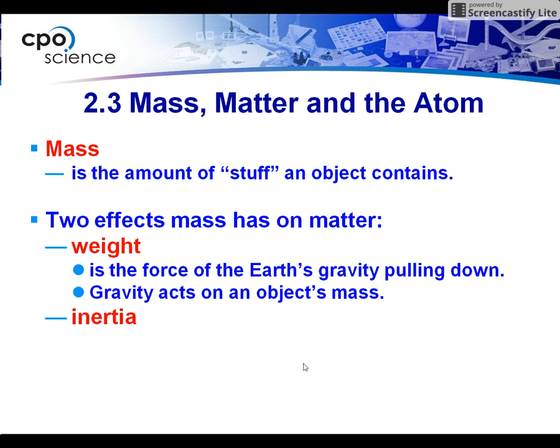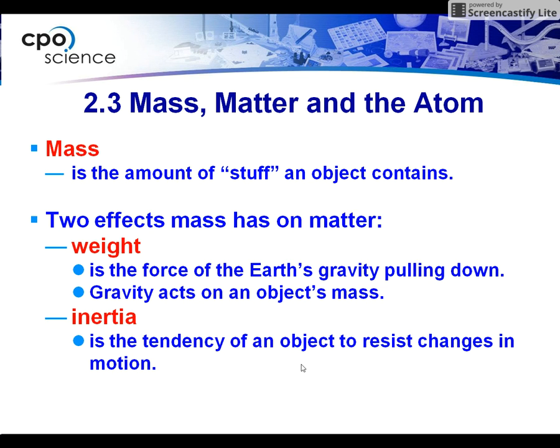The second effect is what we call inertia. Again, we're going to learn more about this in chapter 5, but you may have learned it in your 8th grade science class. It's the tendency of an object to resist change in motion. What you probably learned in 8th grade was that objects in motion stay in motion and objects at rest stay at rest. That means objects have a tendency to keep doing what they were doing.